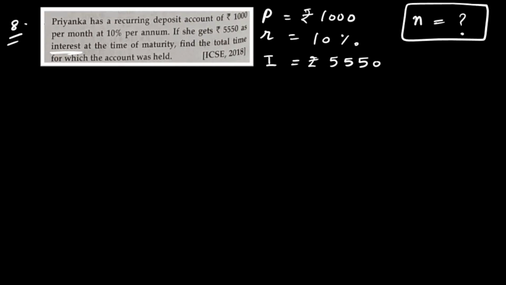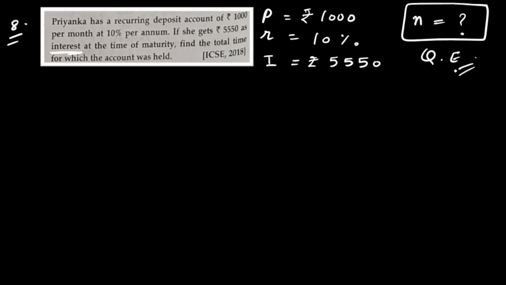Whenever we have to find n, this type of question we did in MCQs also, we have to form a quadratic equation. Whenever we have to find n in banking, always remember a quadratic equation will be there.